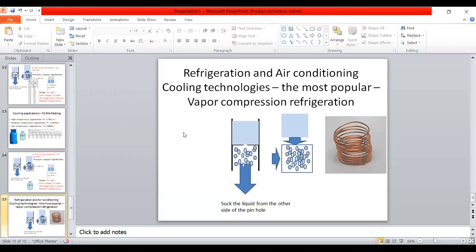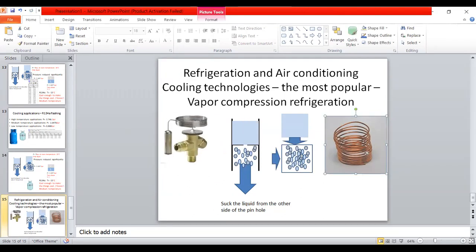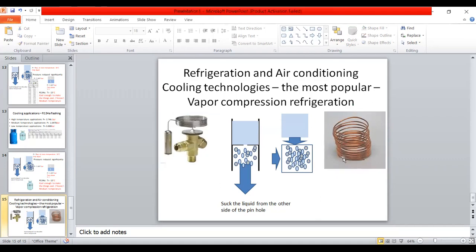I will just put a picture. So capillary and expansion valve all have very precise arrangements to function in the cooling systems.